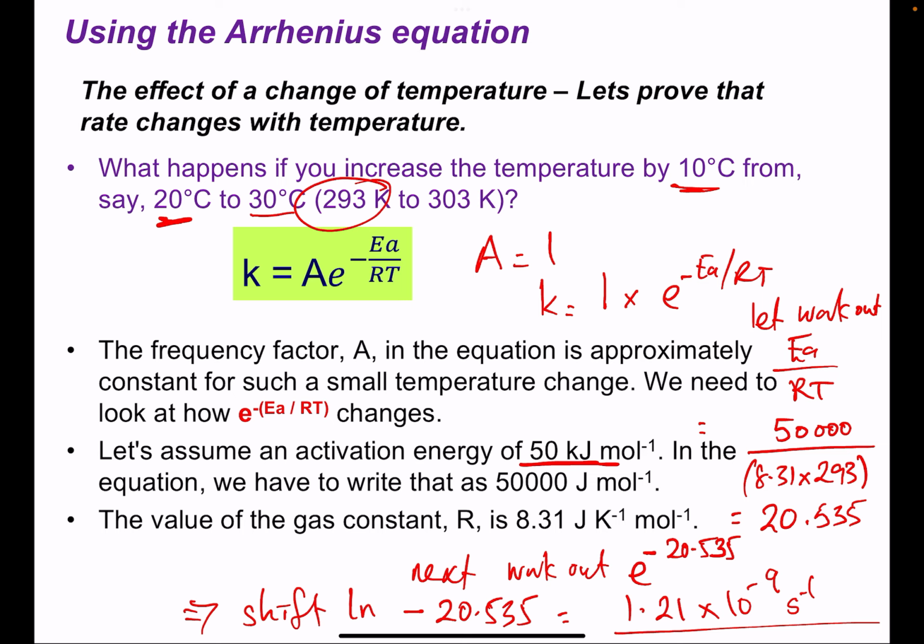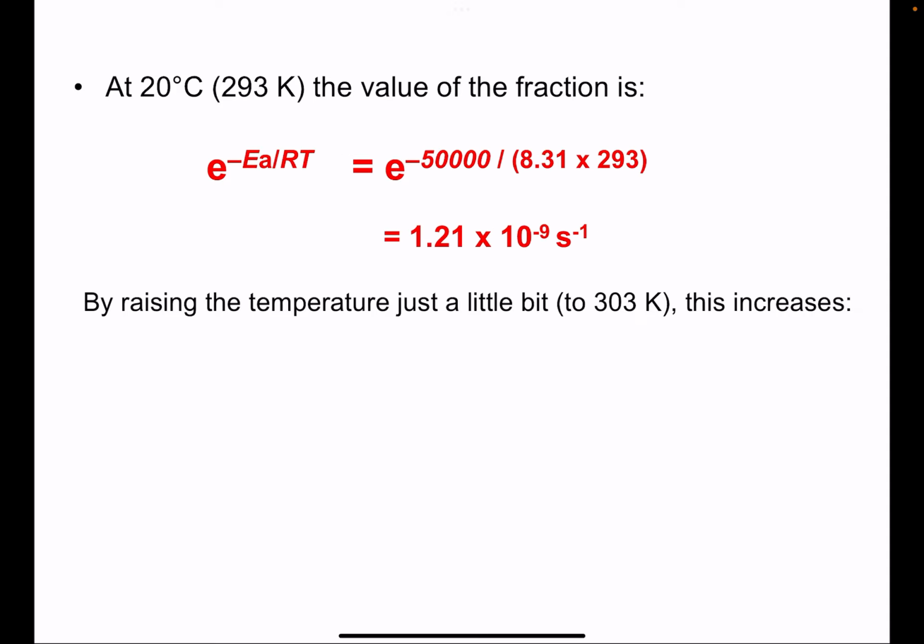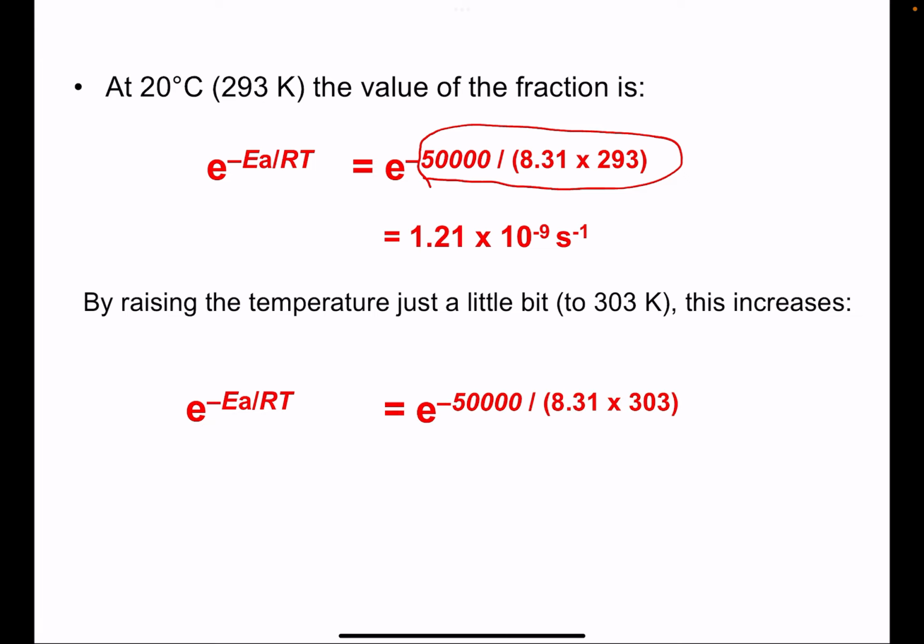Now let's do the same thing at 303. I worked out that first, then I did the next bit. I'm going to do the same thing again. Do not put things into a calculator straight away.